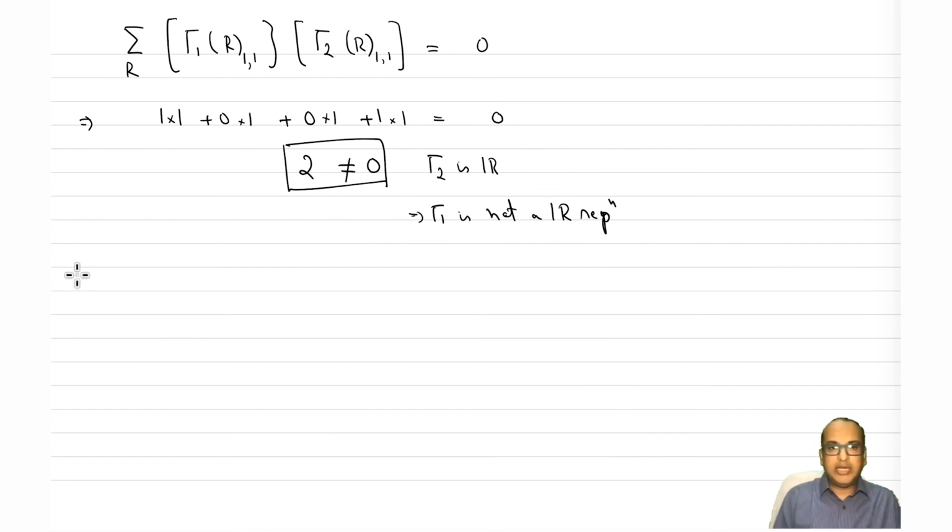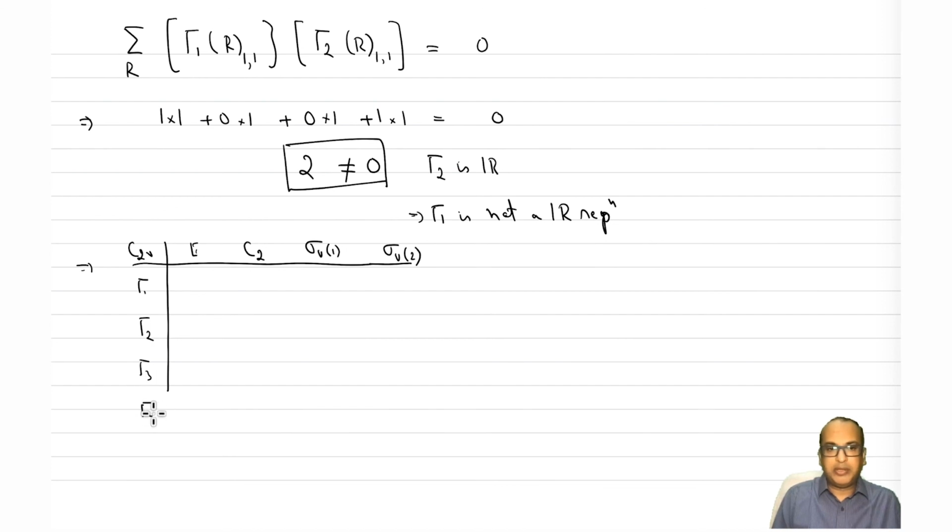Okay, so let's also consider the case we have already seen for water: the set of irreducible representations is obtained by unit vector transformations, right? So we got 4 such representations, which were 1 1 1 1, 1 1 minus 1 minus 1, 1 minus 1 minus 1 1, 1 minus 1 1 minus 1.